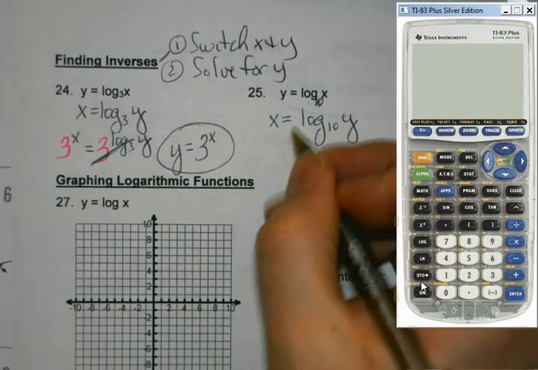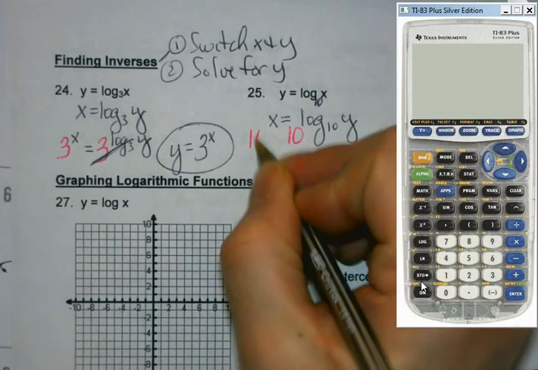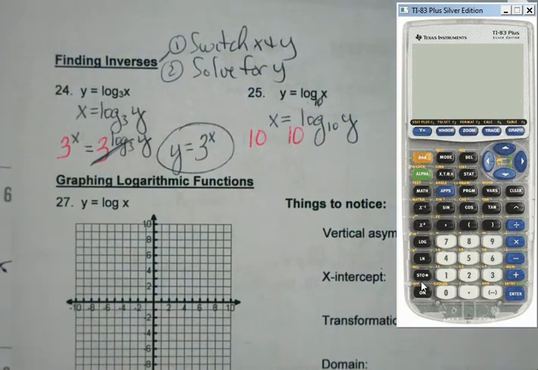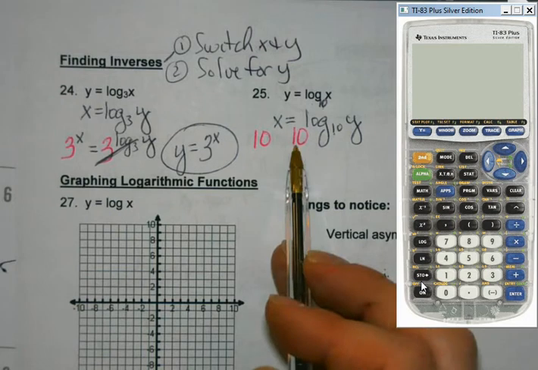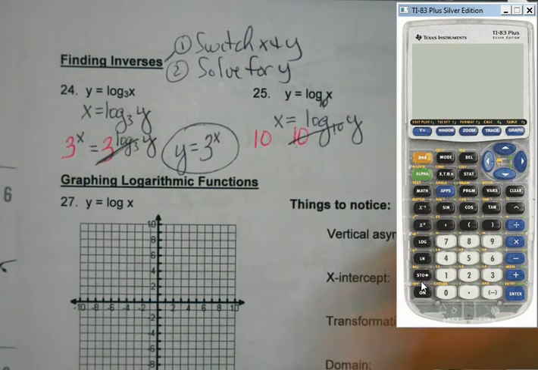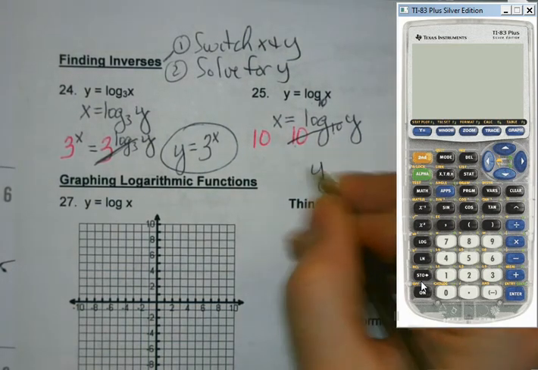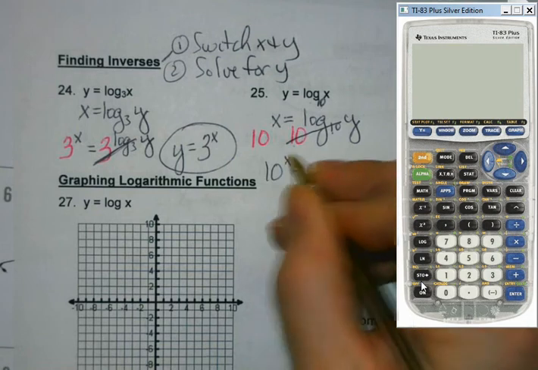So since I need it to be base 10, I put a 10 here to turn those into my exponentials. My log base 10 and my 10 are inverses. And I've got the answer.